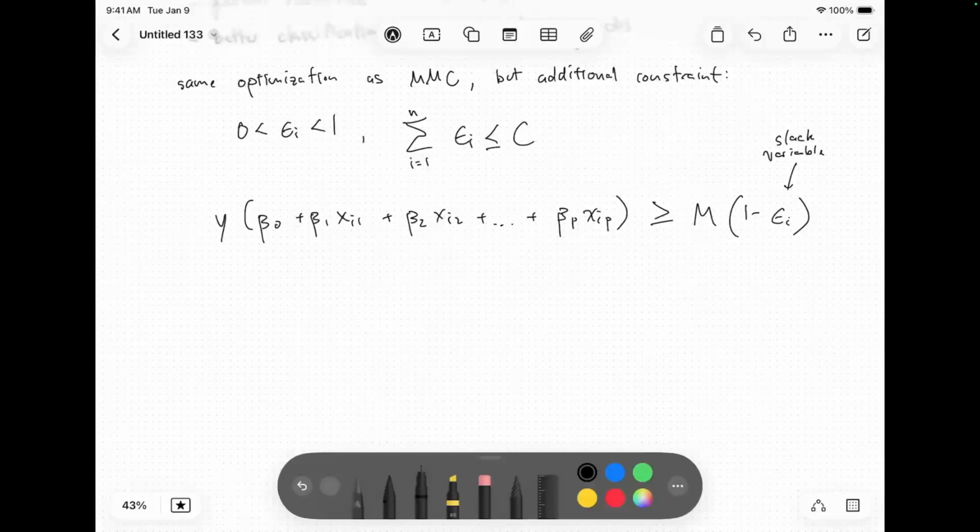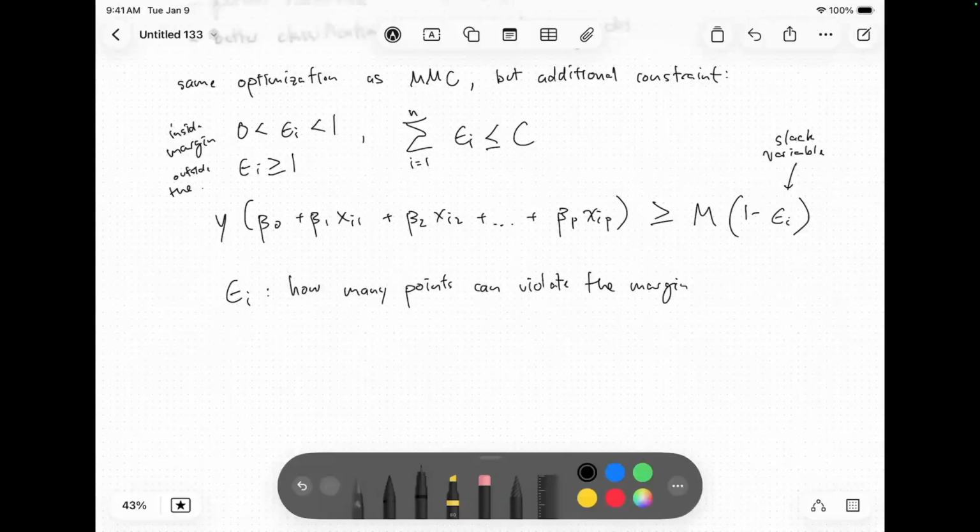Okay, so in English, what actually changed? What are we doing here? Epsilon tells us essentially how many points can violate the margin. And so this here would be inside the margin, and then if epsilon I is greater than or equal to 1, this would be outside the margin.